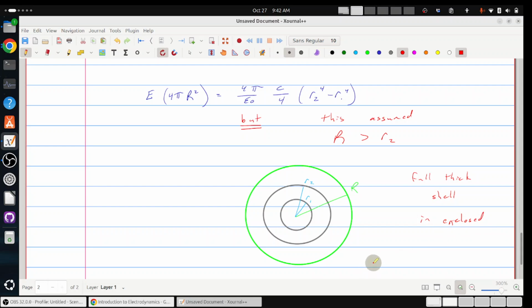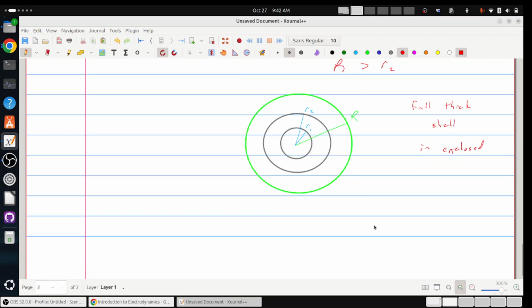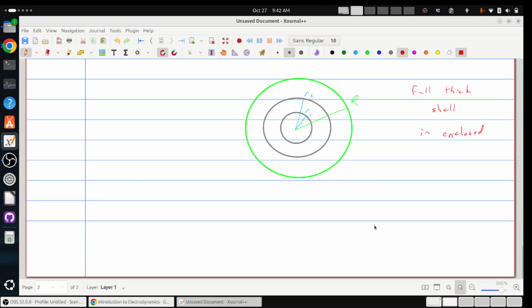But I've got 2 other regions of interest. One of them is pretty easy to picture.